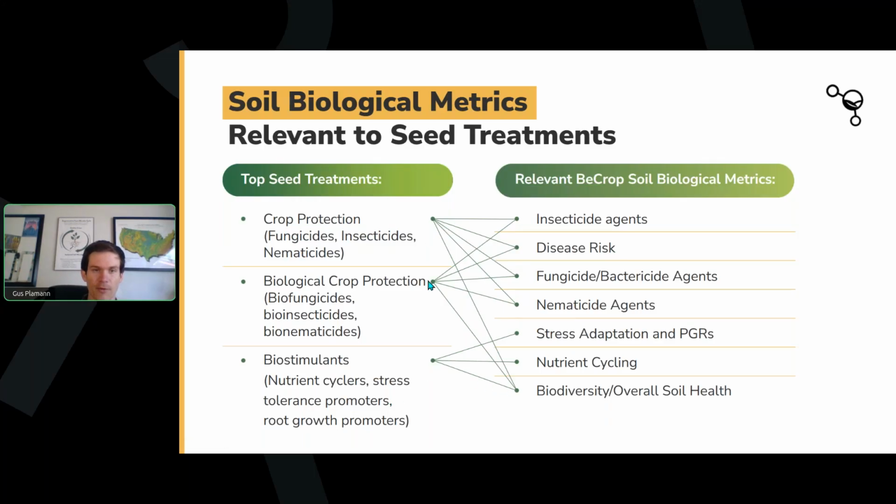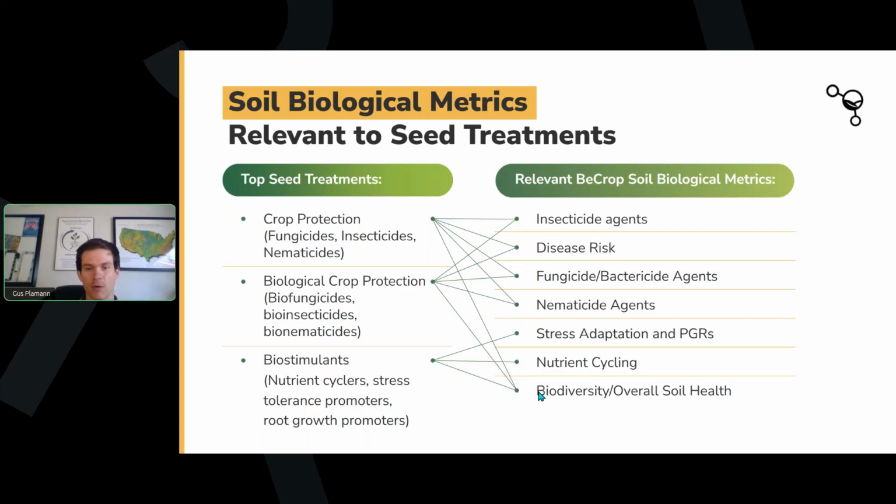And then lastly, all three of these categories you can see also connect to biodiversity and overall soil health. So there's a lot of complexity to demystify when it comes to making decisions about ag inputs and how they influence overall soil health, whether they maybe have some unintended negative consequences on hurting soil health or reducing microbial biodiversity.